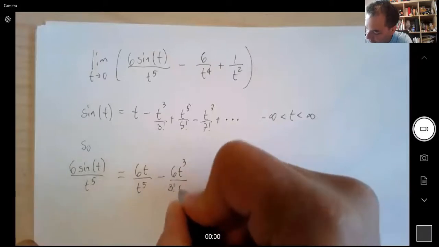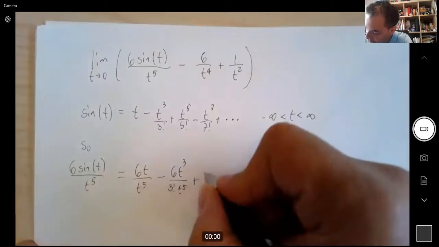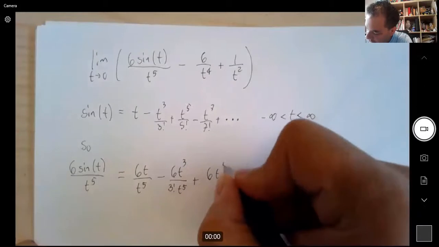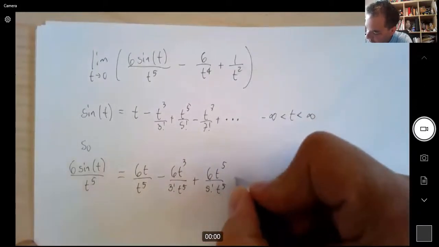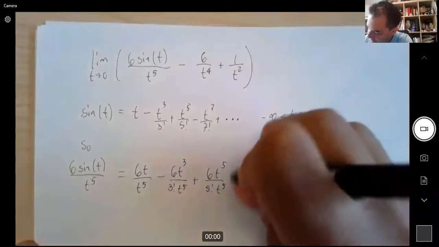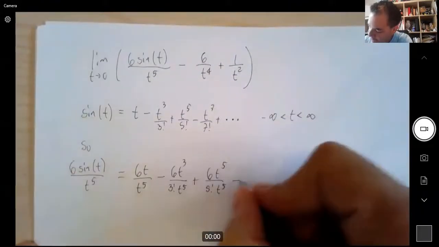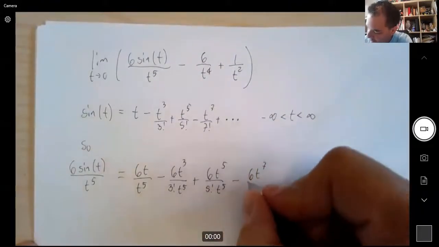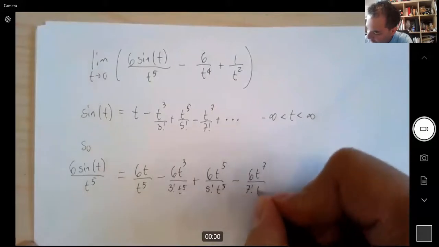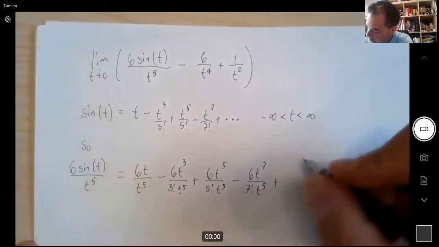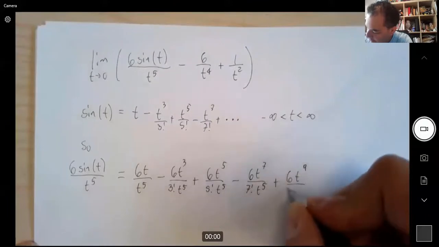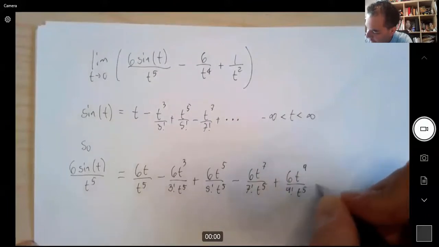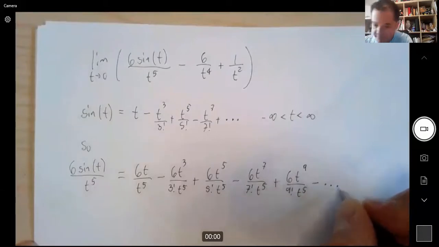So 3 factorial t to the fifth, plus 6t to the fifth over 5 factorial t to the fifth, minus 6t to the 7 over 7 factorial t to the fifth, plus, let me do one more, 6t to the 9 over 9 factorial t to the fifth, minus, etc. Right?